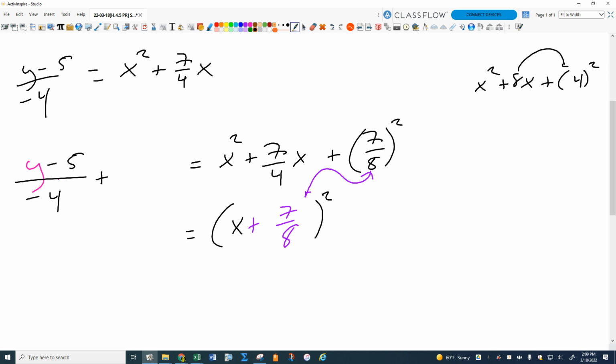Well, 7/8 squared is what? What does that simplify to? The fraction 7/8 squared is, what is that? How would I figure that out? 49 over 64. Yeah, I'm just going to square the top and square the bottom, right?